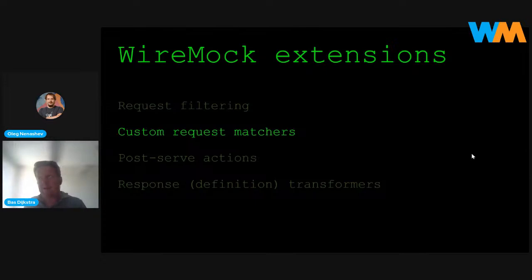And again, out of the box, WireMock has a lot of useful request matchers. It can look at, and this is not a complete list, the HTTP method, the endpoint, so the path or sections of the path. It can look at request headers and their values. It can look at request body elements and their values. It can look at cookies.